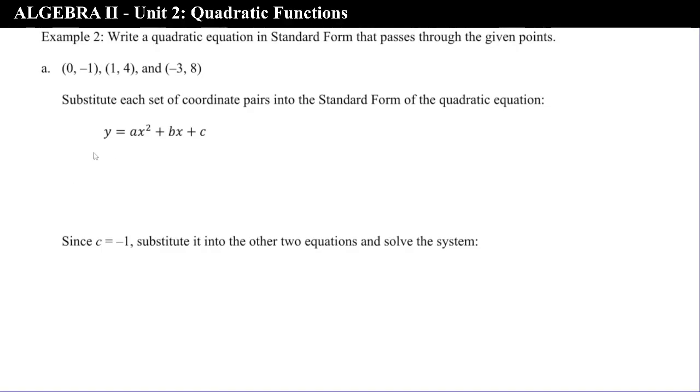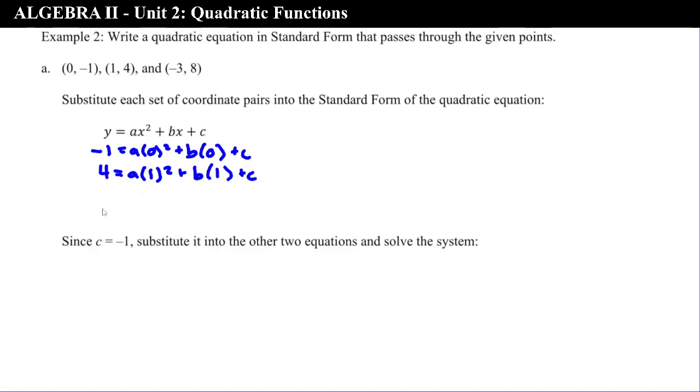For the first point, y is negative 1, so you have negative 1 equals, and then you have 0 for x, so you're going to have a times 0 squared plus b times 0 plus c. Then for the second one, y is 4, so you have 4 equals a times 1 squared, because x is 1, plus b times 1 plus c.